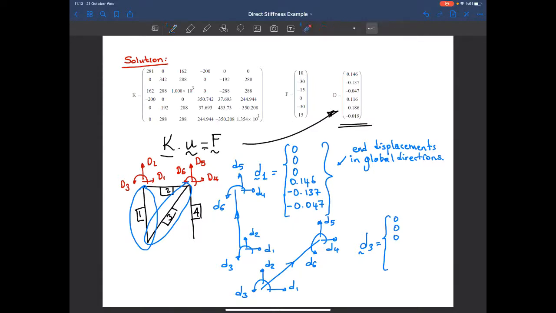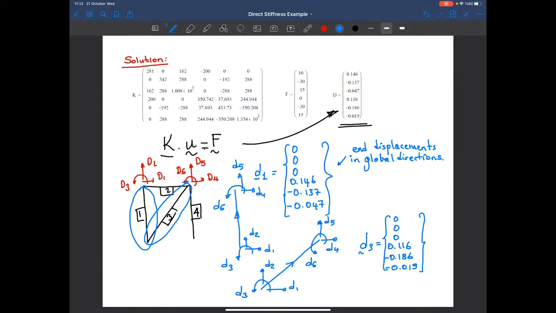The fourth degree of freedom is equal to D4, that's 0.116. The fifth degree of freedom is this one, minus 0.186. And finally, I'll be looking at the rotation at the end, that's equal to D6 in the global, and that gives me minus 0.019.